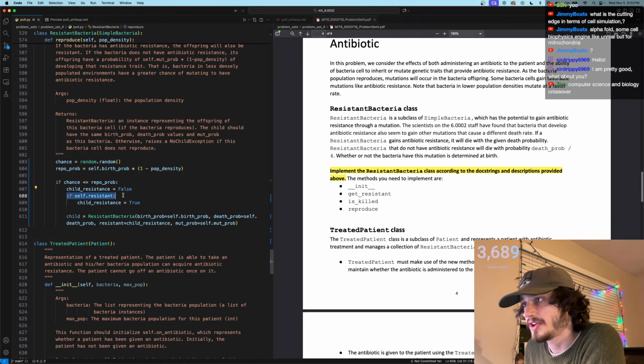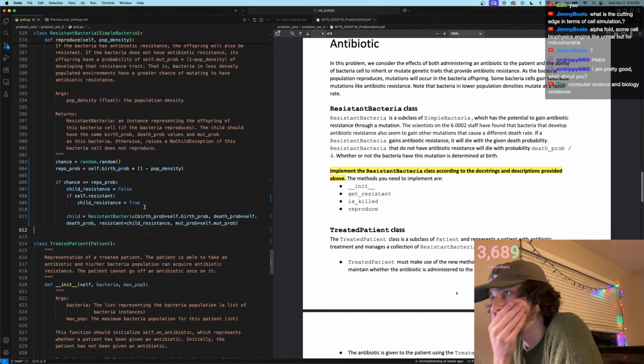We're going to say if there is resistance in the parent that we're currently on, then we're going to override the child resistance to true, so that when we come out of this if conditional and create the child, we set the child resistance, whether it be false or overridden to true, as that resistance.